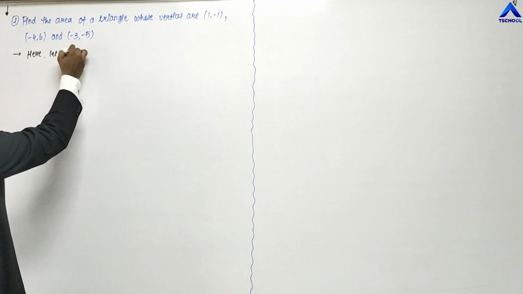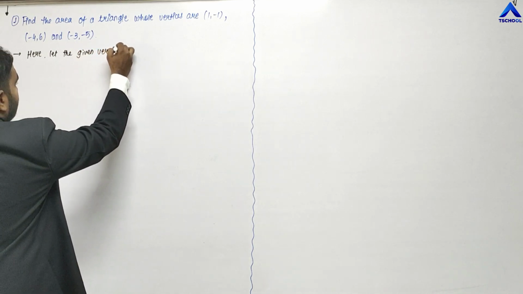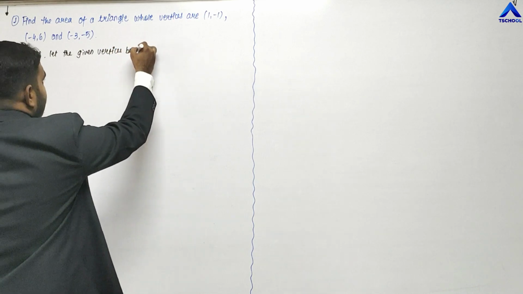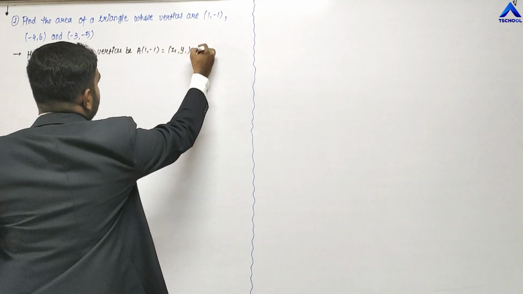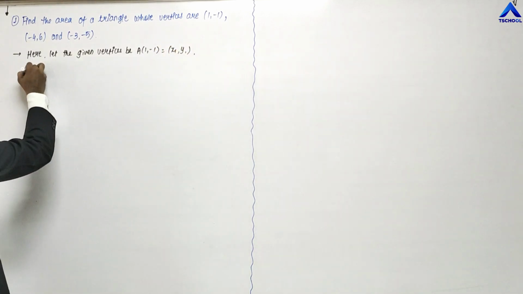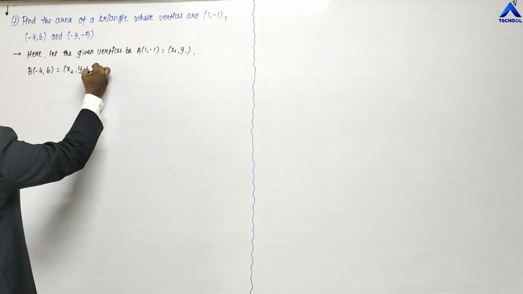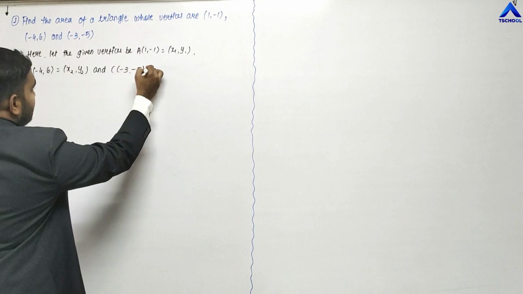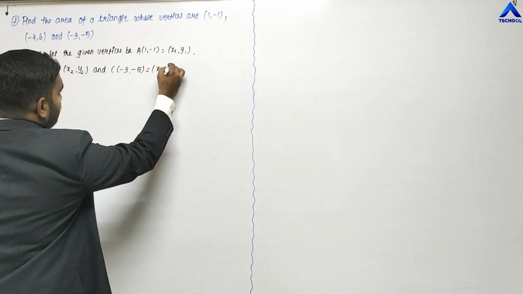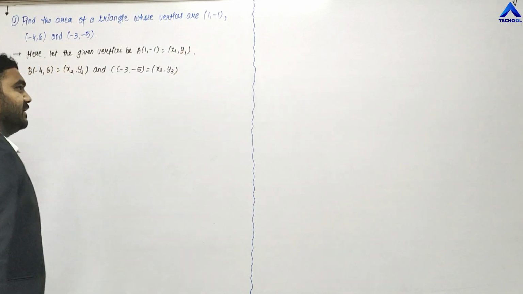Let the given vertices be A (1, -1) equal to (x1, y1), B (-4, 6) equal to (x2, y2), and C (-3, -5) equal to (x3, y3).